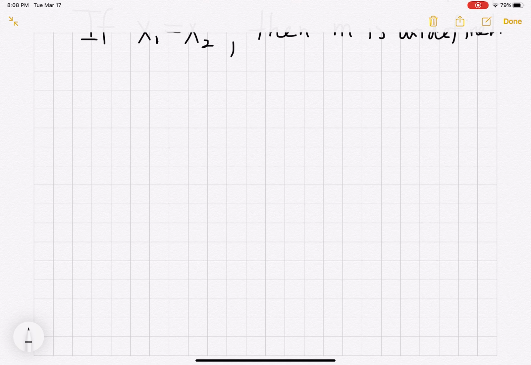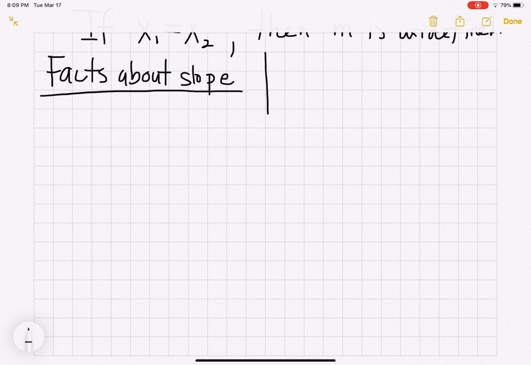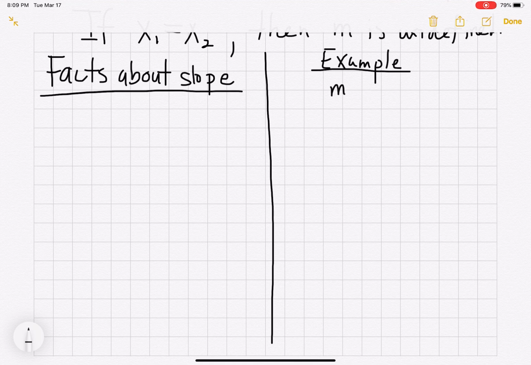Let's scroll a bit more. So we want to look at some characteristics of the slope, some facts about the slope. So let's think about an example where we have a slope of 3, m equals 3.